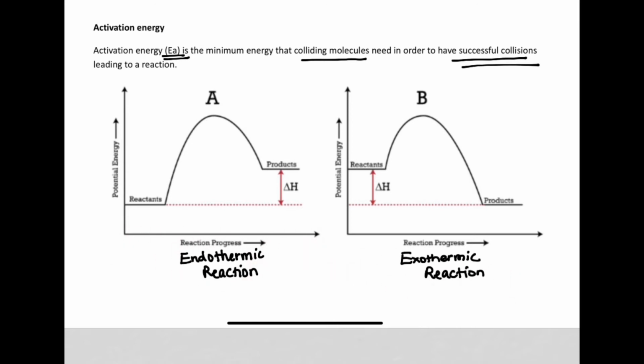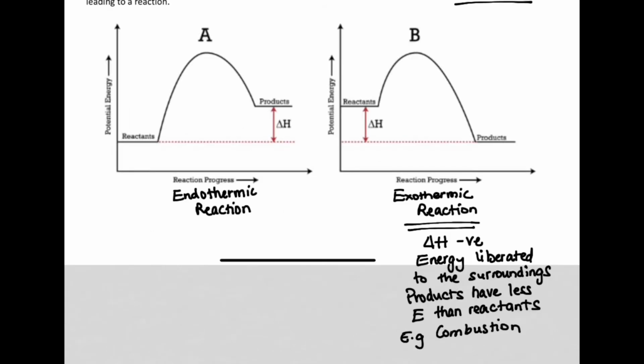If you still remember your IGCSE, an exothermic reaction has delta H negative, which means that energy is liberated to the surroundings, and the products are going to have less energy than the reactants. One very common example of an exothermic reaction is combustion. So here you can see the product has less energy than the reactant.